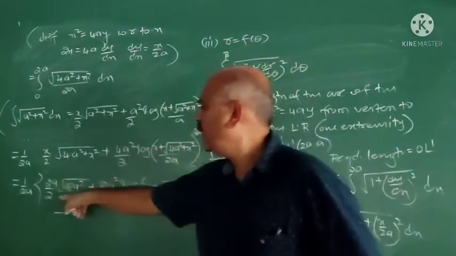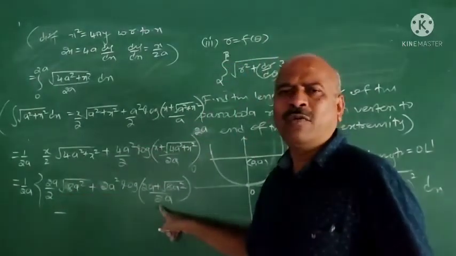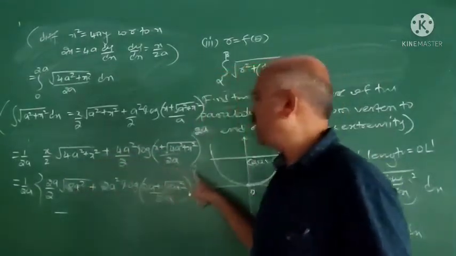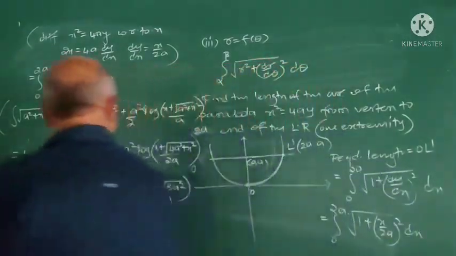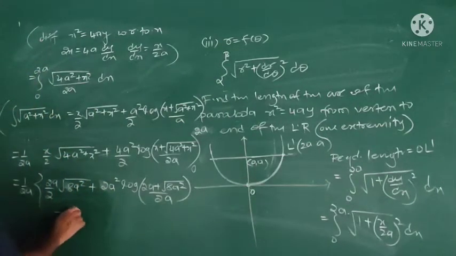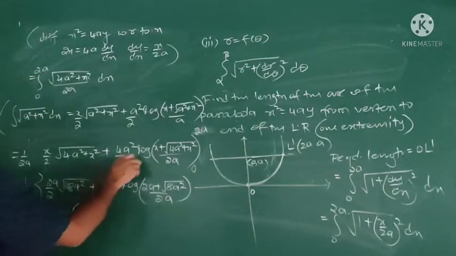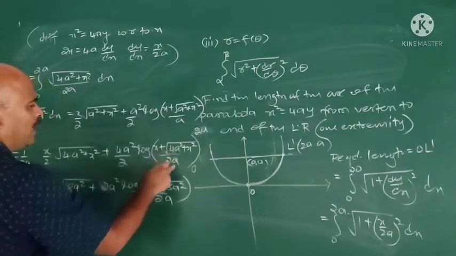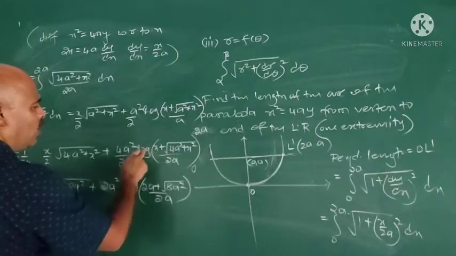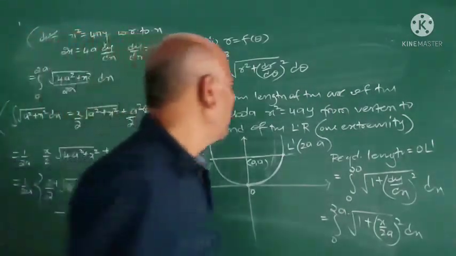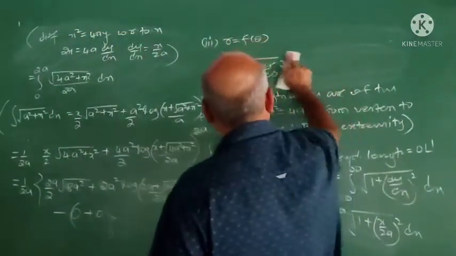Upper limit is 2a in place of x. Everywhere you have to substitute 2a in place of x, minus value of this same one when x is 0. X is 0 gives, first term is 0 plus second term is log of 2a by 2a, log 1 is 0, so lower limit gives only 0.